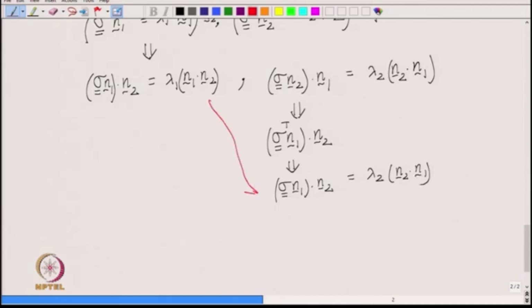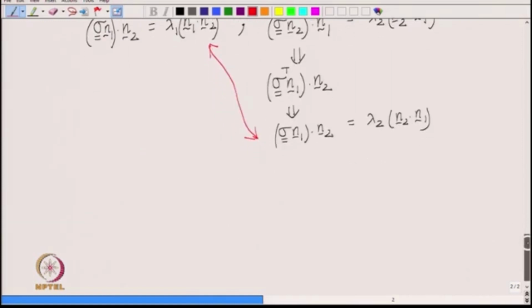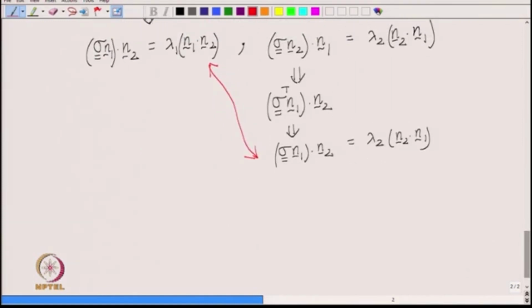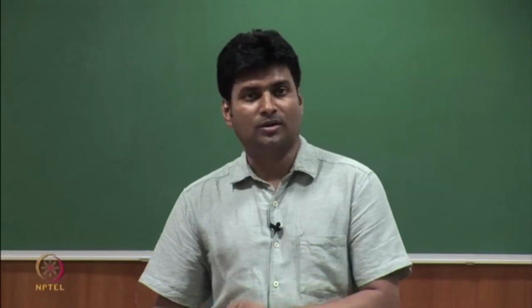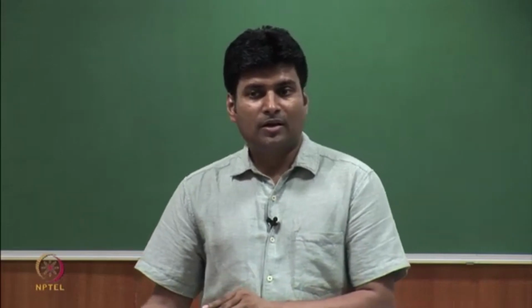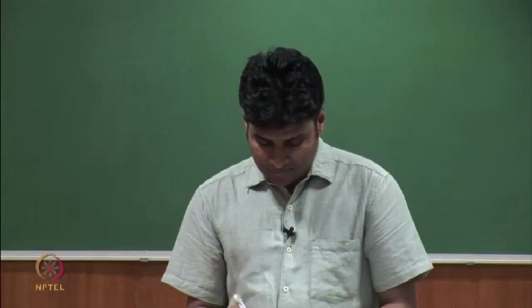Now, compare these two equations. If we subtract these two, what do we get? The left hand side of these two equations are the same, right. See, it again happened because your stress was symmetric. And what do you get on the right hand side?